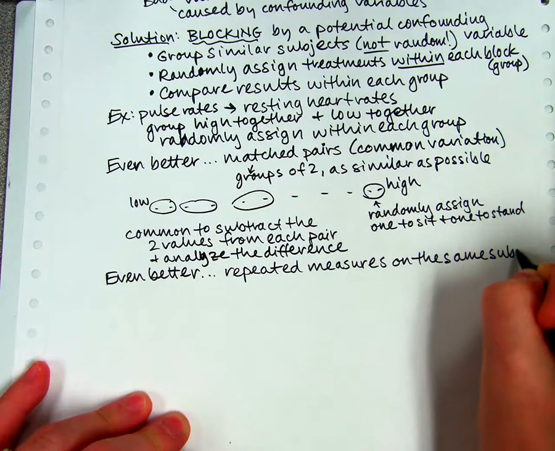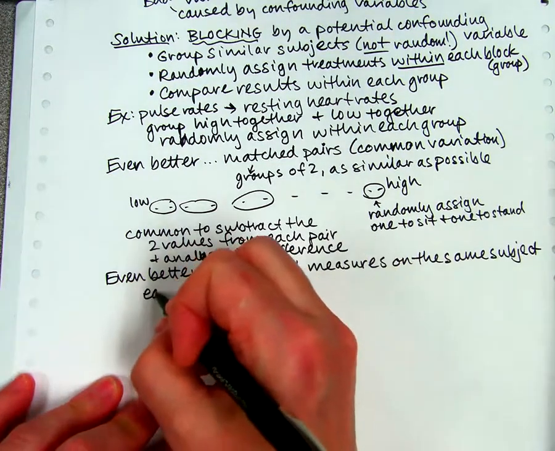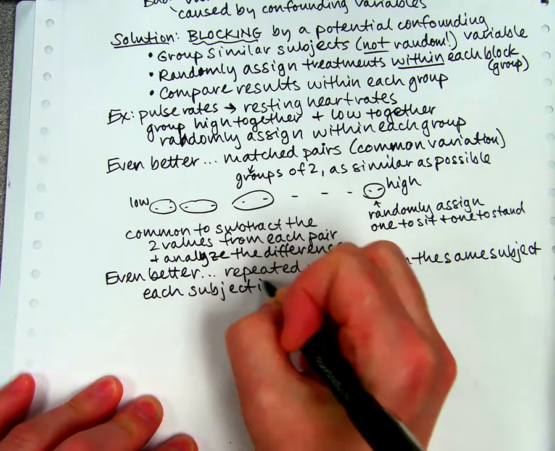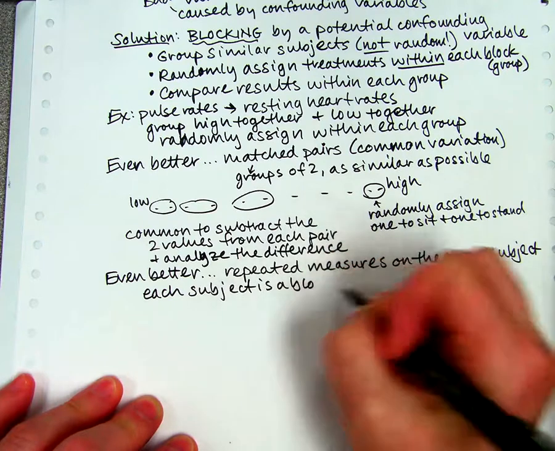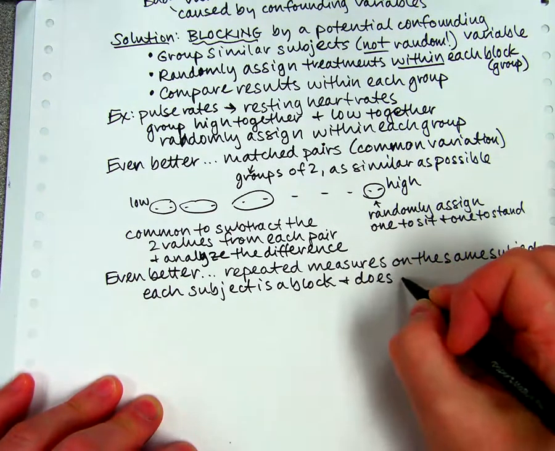So repeated measures on the same subject, what that does is it says each subject or each person is a block, and does all the treatments, usually with some time in between.